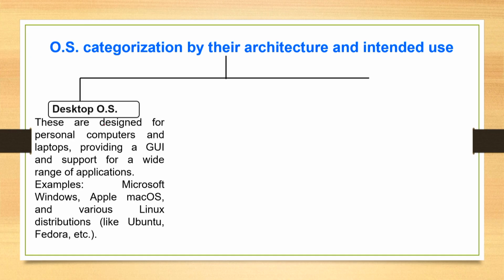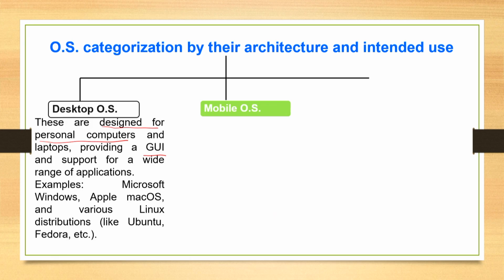It is designed for PCs, that is personal computers and laptops, and it provides a graphical user interface and supports a wide range of applications. Examples of desktop operating systems are Microsoft Windows, Apple Mac operating system, and various Linux distributions like Ubuntu, Fedora, etc.